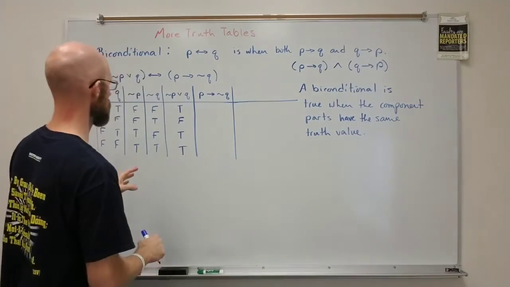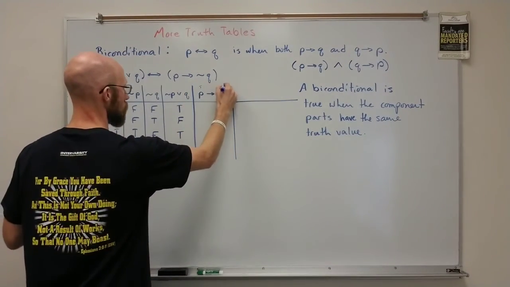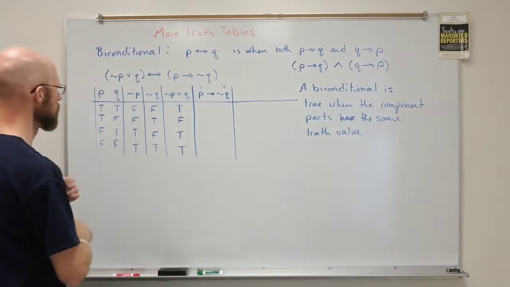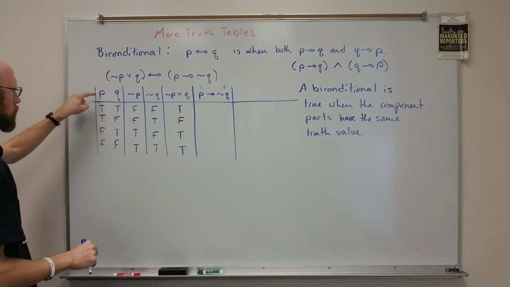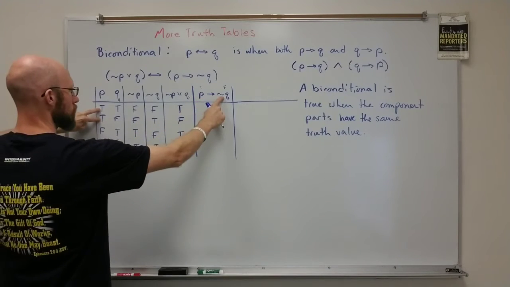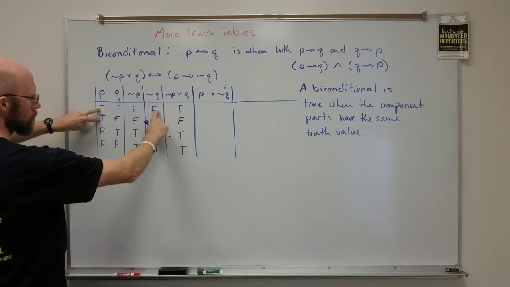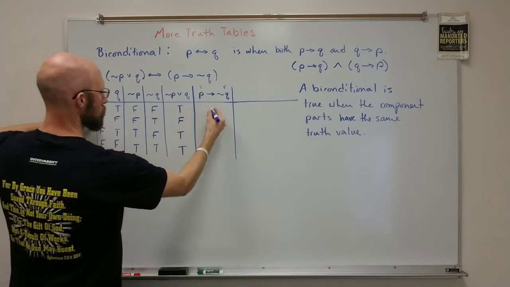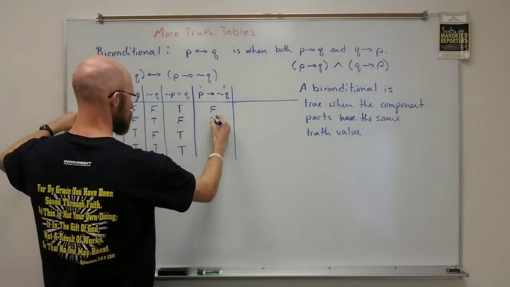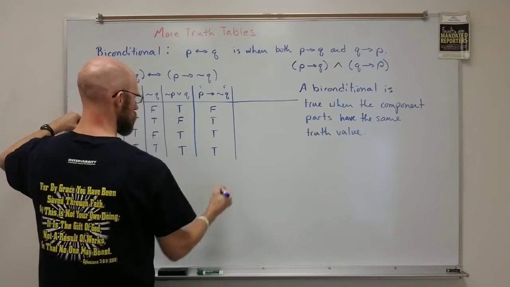Everything else is true. Sometimes it's nice to just write that in there to keep in my mind what's going on. So with the conditional, I need P to be true, and that happens twice, and not Q to be false, and that happens in the first row. So that one's going to be false, and everything else will be true.